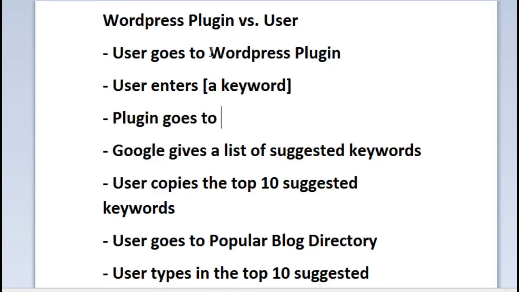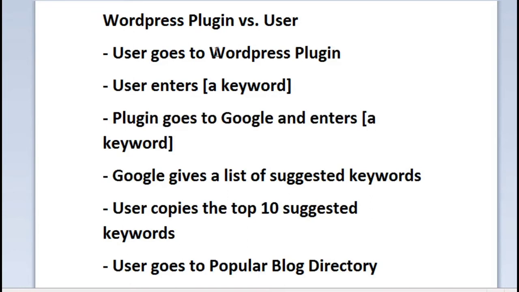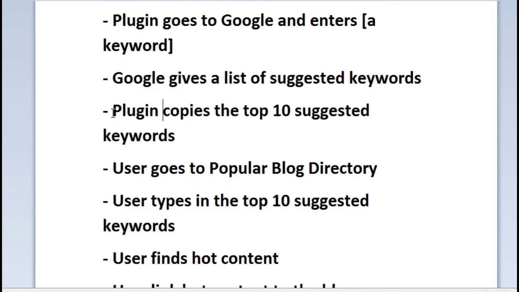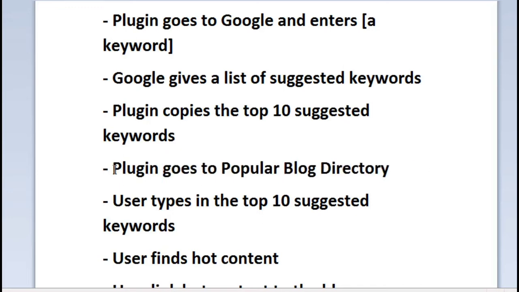Plugin goes to Google and then enters that keyword that the user just typed in. Now, Google gives a list of those suggested keywords, and then the plugin copies those top 10 suggested keywords. Then the plugin goes to the popular blog directory, whatever that we specify later. You could even tell the programmer, hey, I want these lists of links or directories.